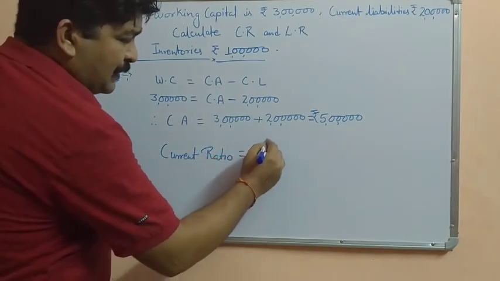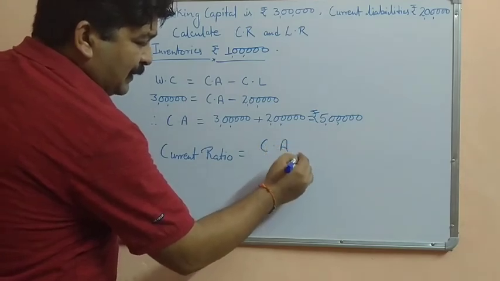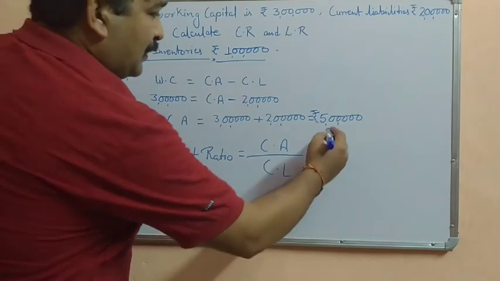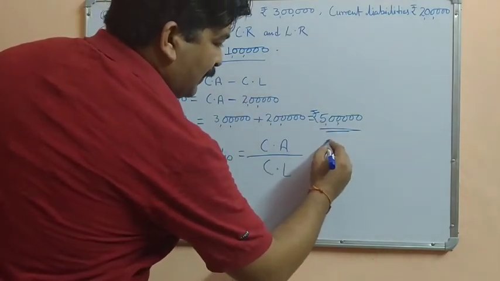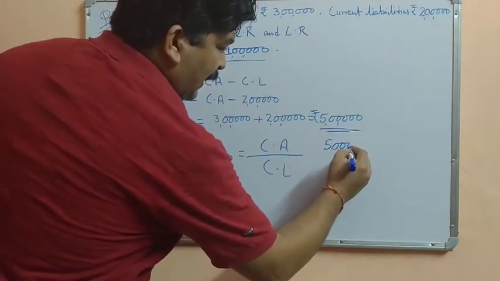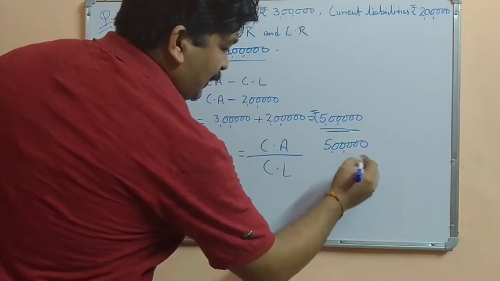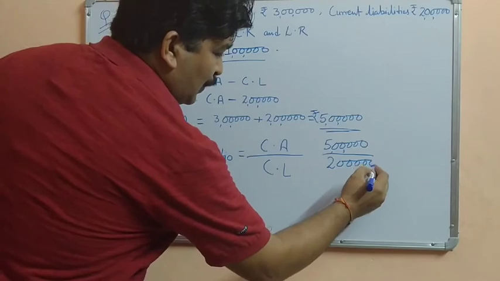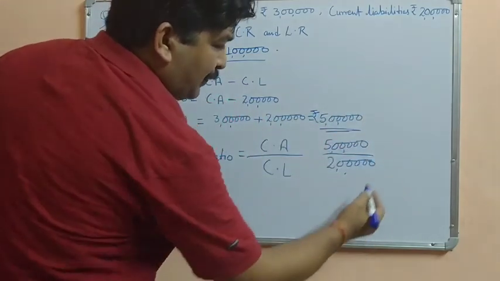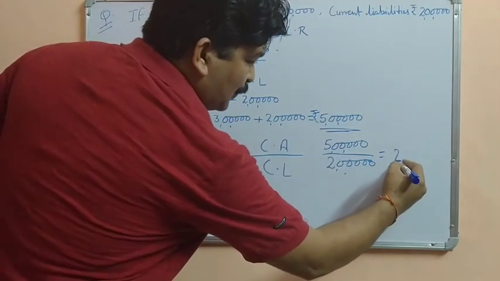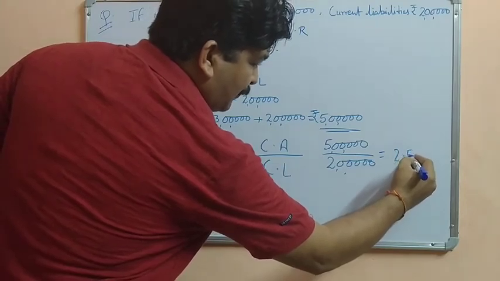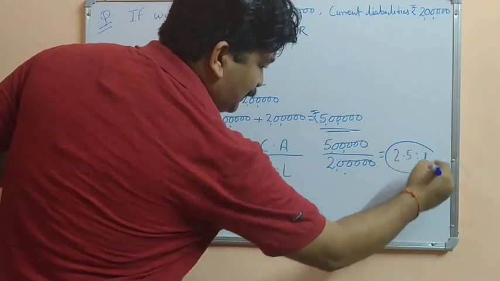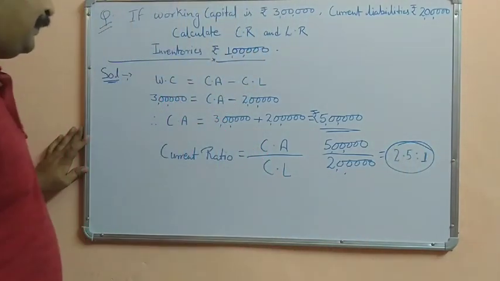The formula is current asset divided by current liability. 5 lakh divided by current liability, 2 lakh, which is already given in the question, gives 2.5 is to 1. This is the current ratio.